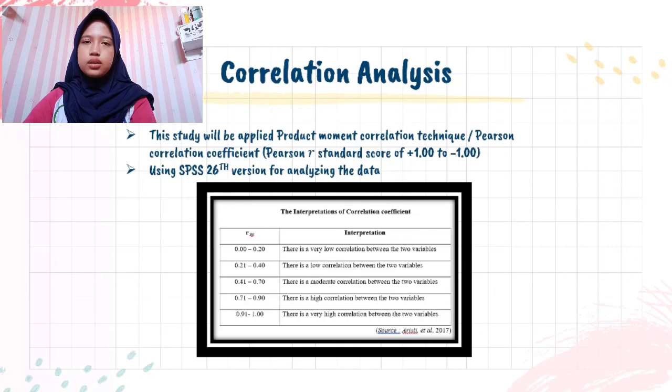For the correlation analysis, the researcher applied the product moment correlation technique or Pearson correlation coefficient. The standard score of the Pearson correlation coefficient ranges from positive 1.00 to negative 1.